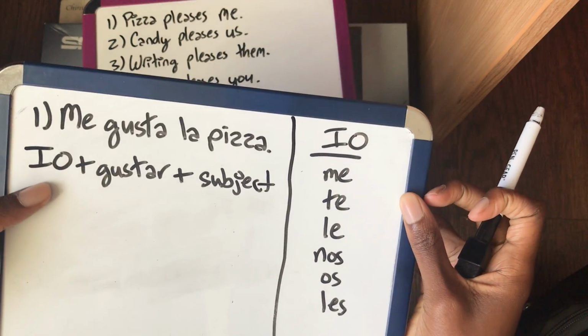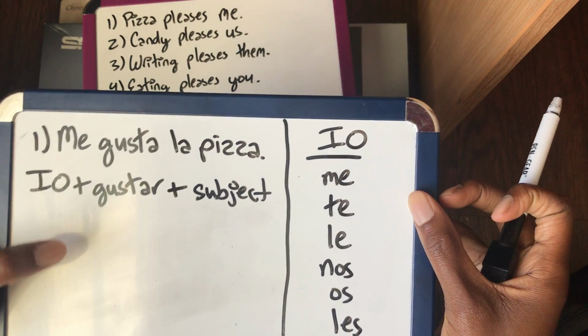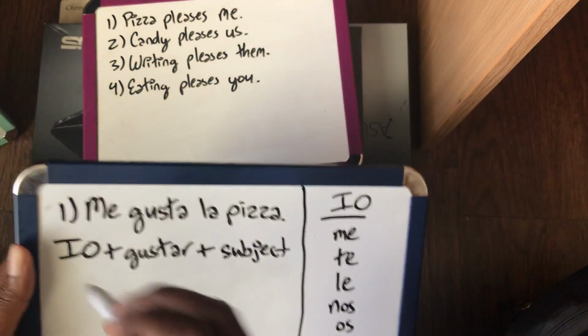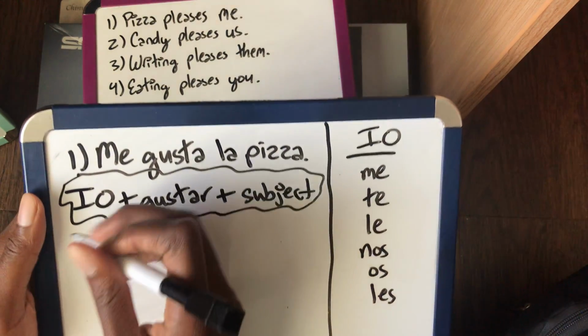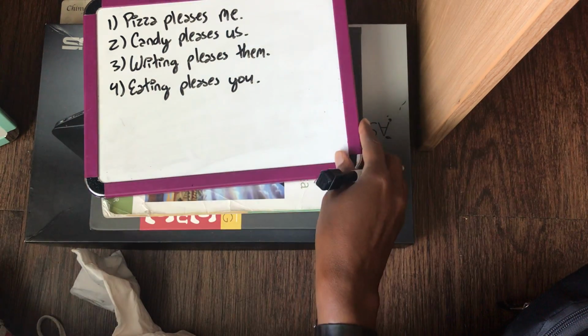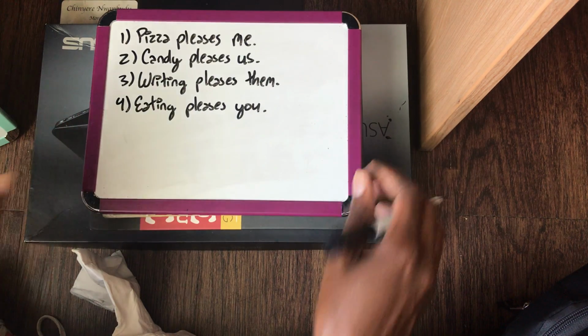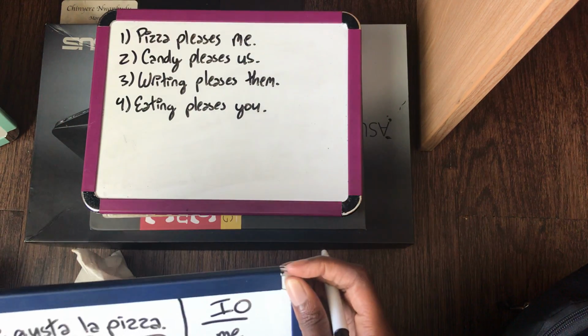So it goes indirect object plus gustar plus subject. This is the order that we're using.